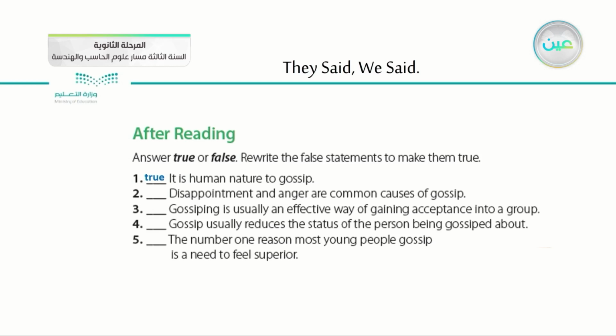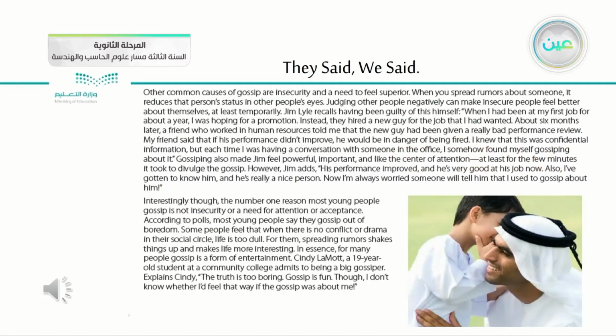Number two, disappointment and anger are common causes of gossip. If you go back to the second slide here, you will read the reasons behind gossiping. Interestingly though, the number one reason most young people gossip is not insecurity or a need for attention or acceptance.